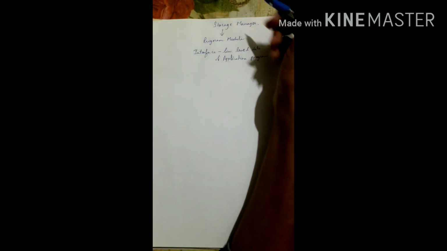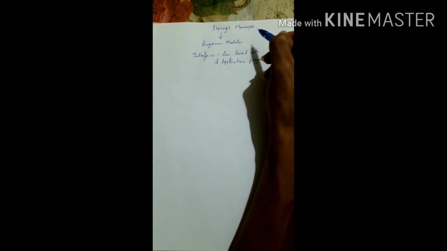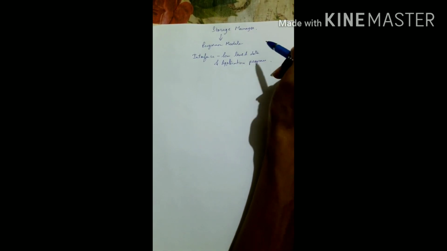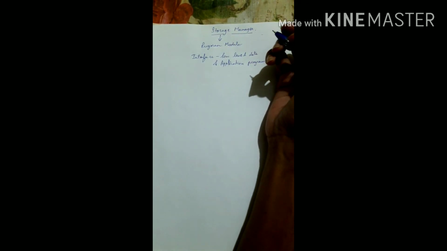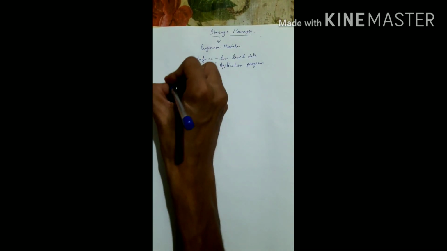Now, what is the need of having a storage manager? The main responsibility of the storage manager is efficient storage, fast retrieving and updating of the data in the database. In order to fulfill this requirement, the storage manager is divided into 4 components.